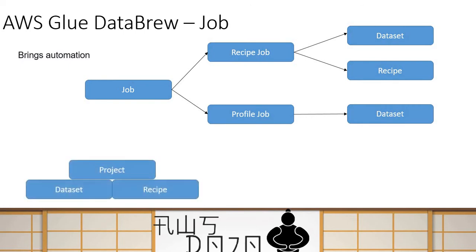The typical profile job is, of course, used especially when you want to profile the data to understand how it looks and how you might want to transform or normalize it before it serves some purpose for you.